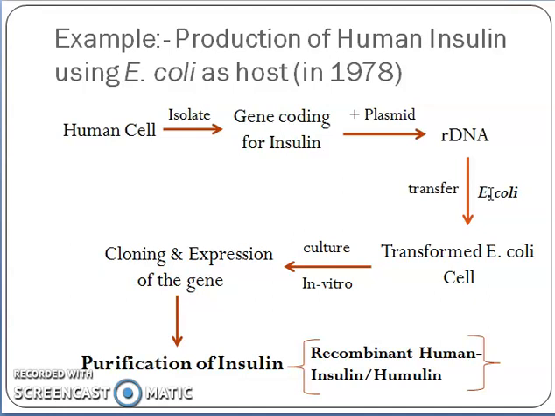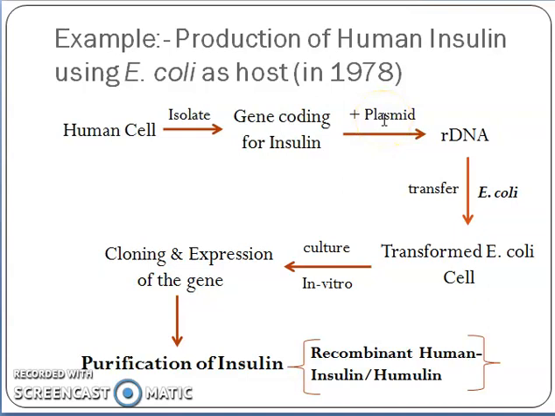They got transformed Escherichia coli cells. What did they do next? They cultured those cells in vitro, and as a result of culture, the cell number increased, leading to the cloning of the gene of interest as well as the expression of the gene, because they had already incorporated the expression signals in the vector.